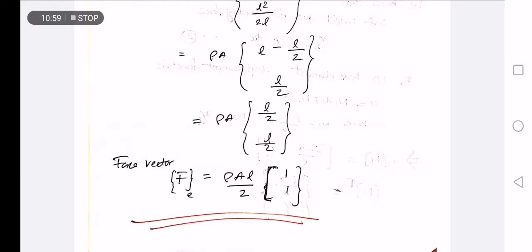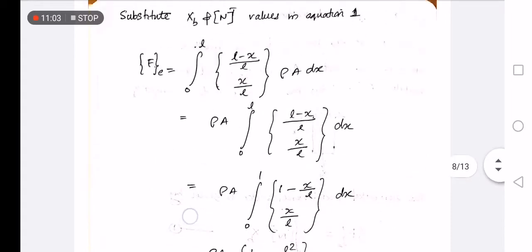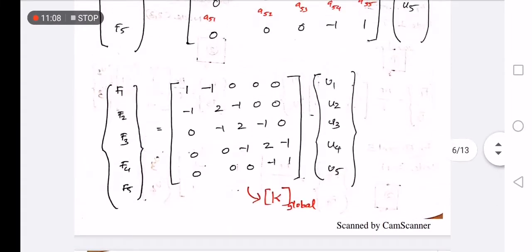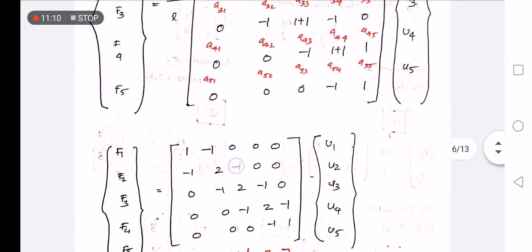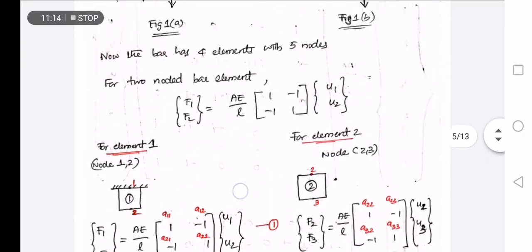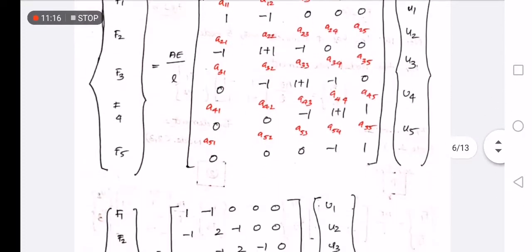This is the force vector. So this force vector is equal to this global stiffness matrix into the displacement function. This is how we will assemble the whole equation.